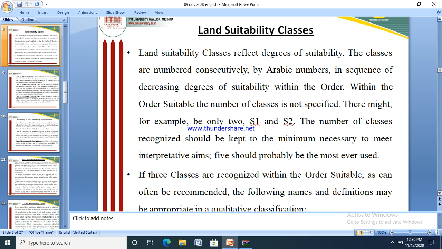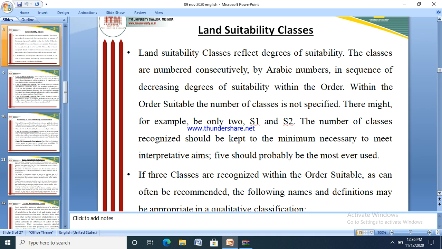Land suitability classes. Land suitability classes reflect degrees of suitability. The classes are numbered consecutively by Arabic numbers in sequence of decreasing degree of suitability within the order. Within the order suitable, the number of classes is not specified.